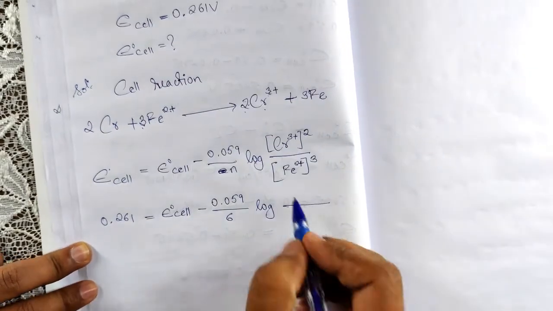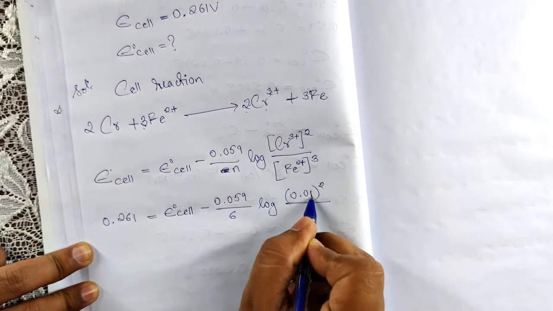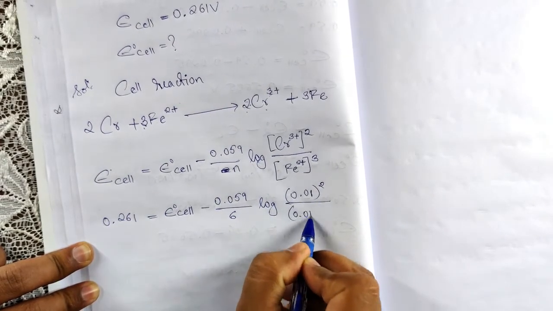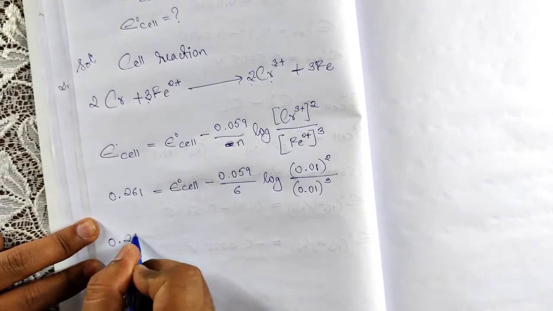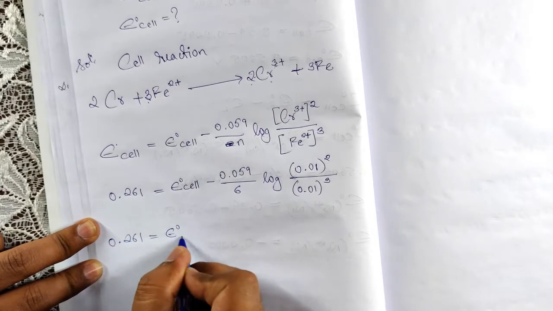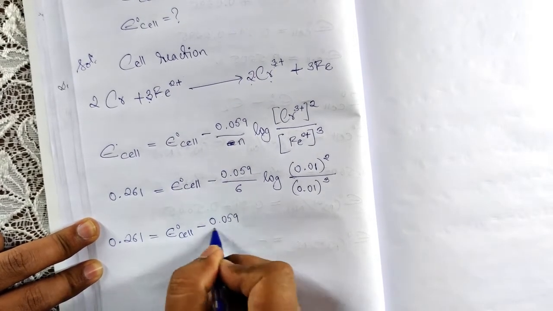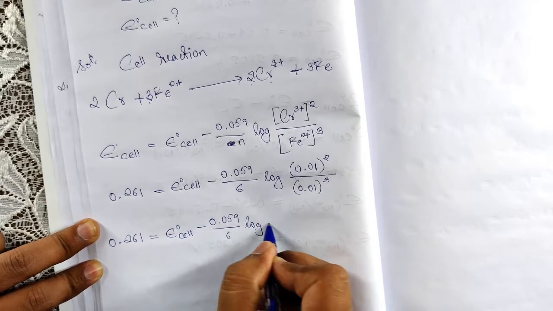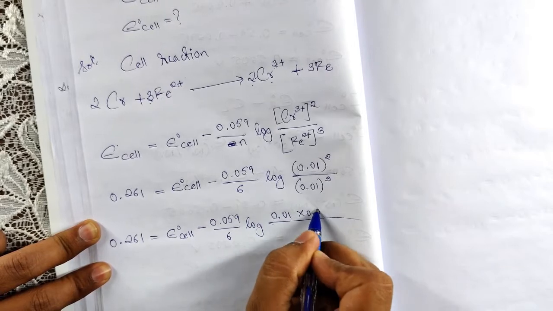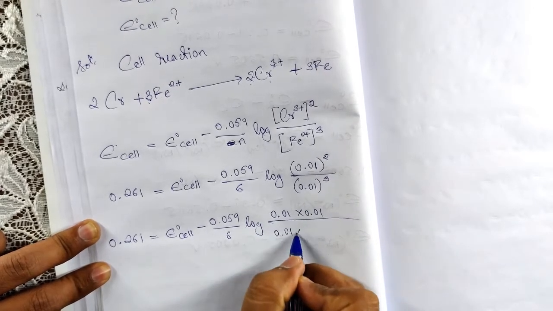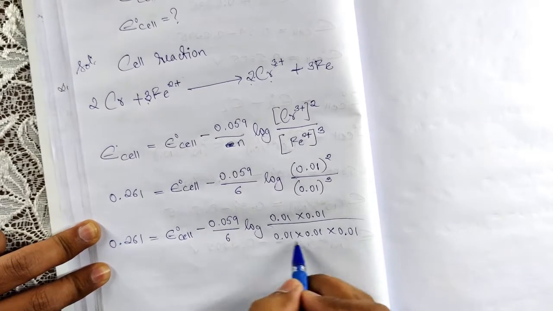Both of them are same. So 0.01 whole thing square, and out here 0.01 whole thing cube. So 0.261 is equal to E naught cell minus 0.059 by 6 log 0.01 into 0.01, over 0.01 into 0.01 into 0.01.